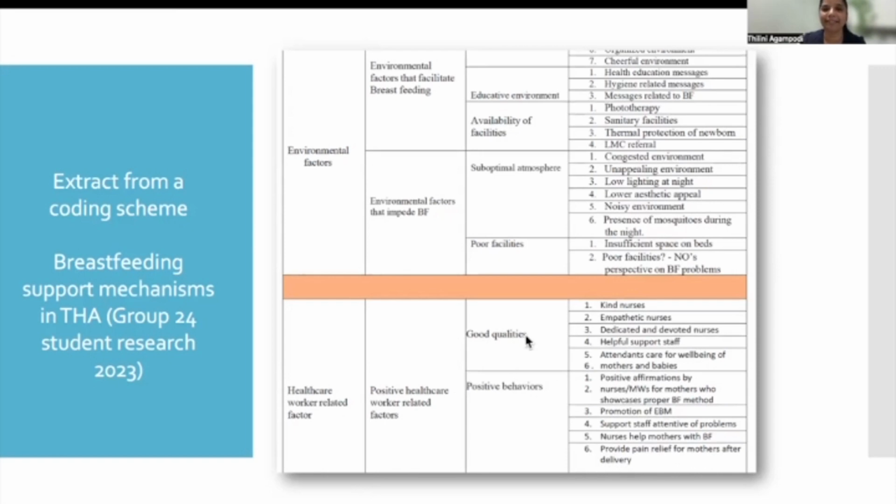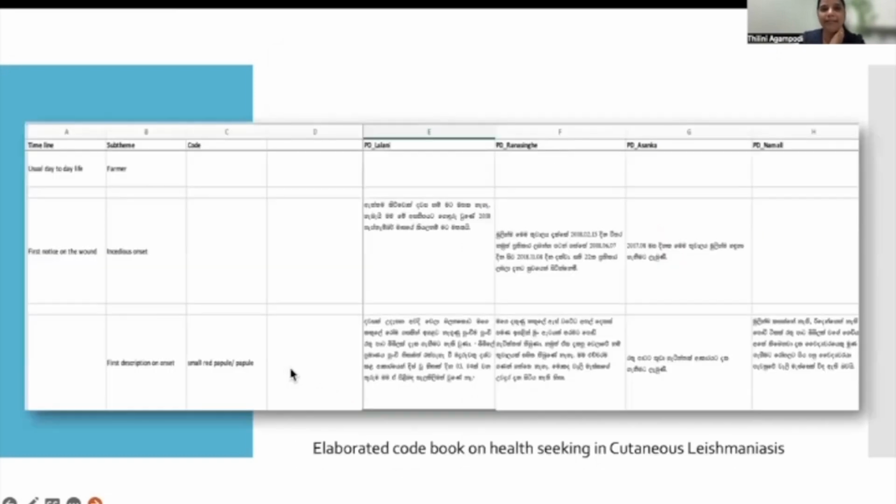Likewise, within the same codebook, you can prepare or elaborate the major themes and sub-themes, and that is thematic analysis, right? If you can just have a glance at this, not to read. So these are sub-themes, right? And codes. This is a very small part of a large code book, right?